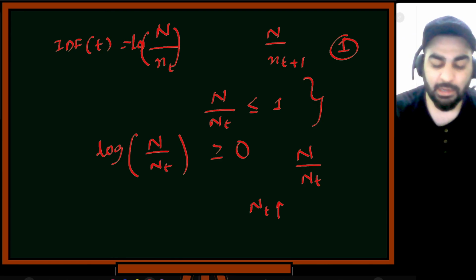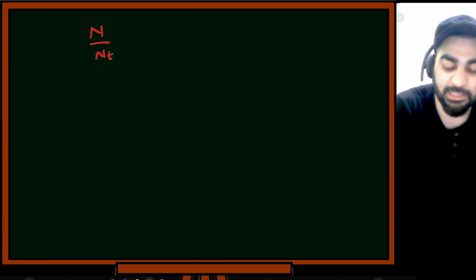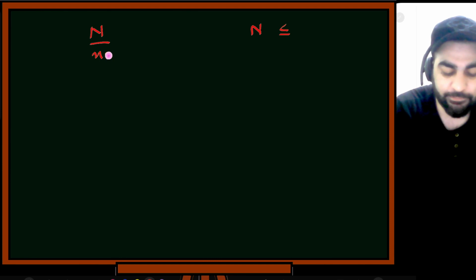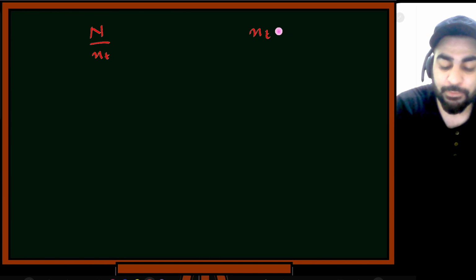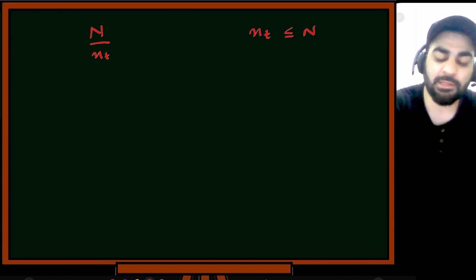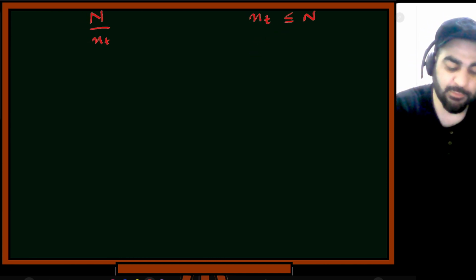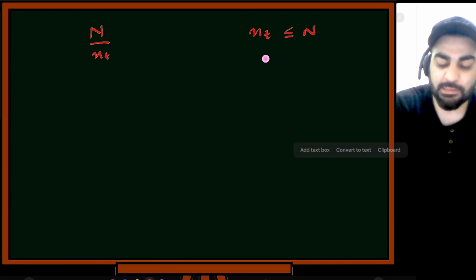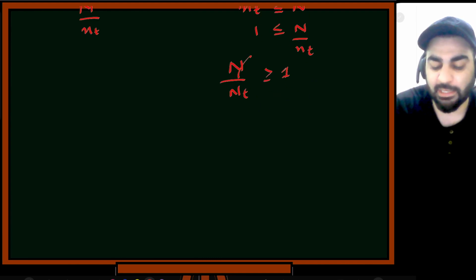Obviously nt should be less than or equal to n: the number of occurrences in the documents is at most the total number of documents. So I can conclude that 1 is less than or equal to n divided by nt, that is, n by nt will always be greater than or equal to 1.